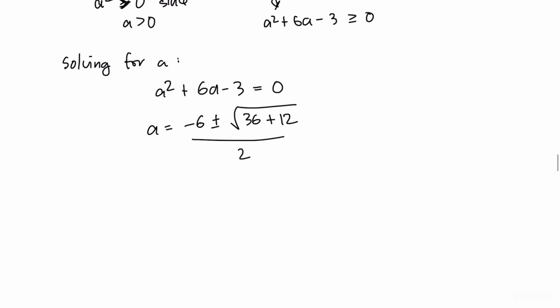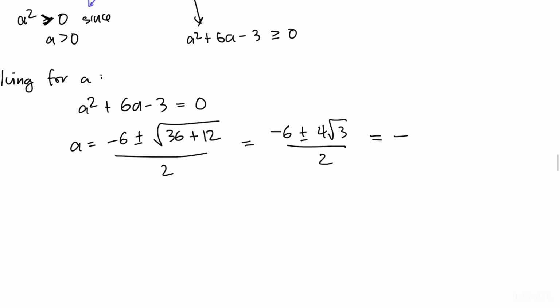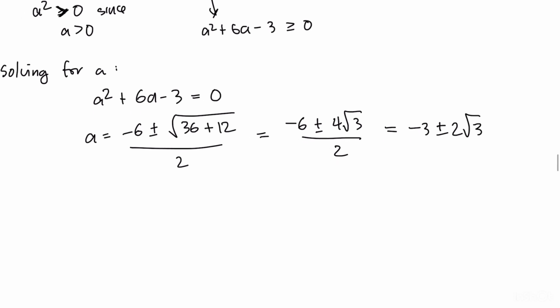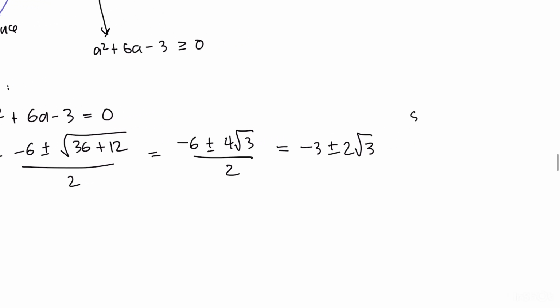Now, this will turn out to be negative 6 plus or minus 4 times the square root of 3, all over 2. And this will become negative 3 plus or minus 2 times the square root of 3. But since a is between 0 and 1/2 from what we got earlier, a is equal to negative 3 plus 2 square root of 3. Now we have a value for a.